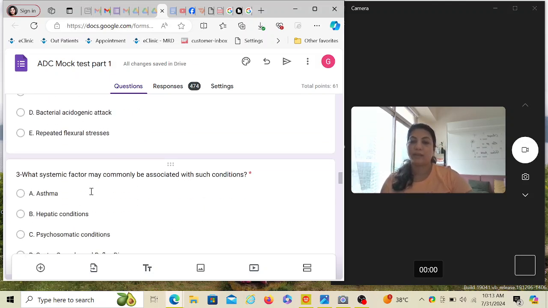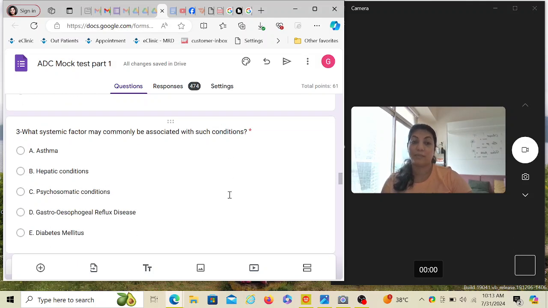What systemic factor may commonly be associated with such conditions? Systemic factor. Asthma: long-term inhalation of certain asthmatic drugs can result, but since they have not mentioned inhalers, asthma by itself will not result; it's the inhalation of those puffs that might.